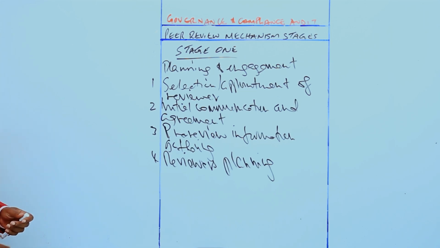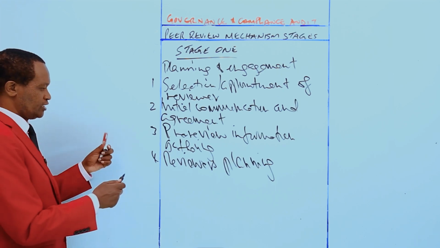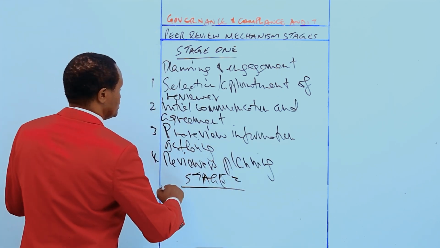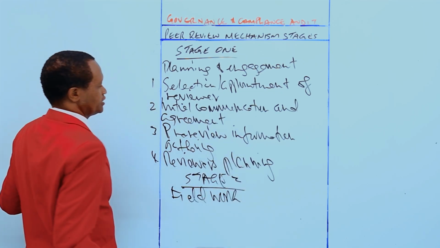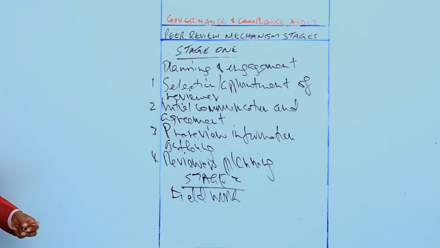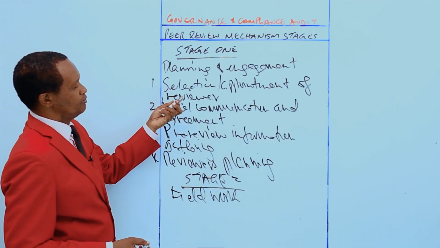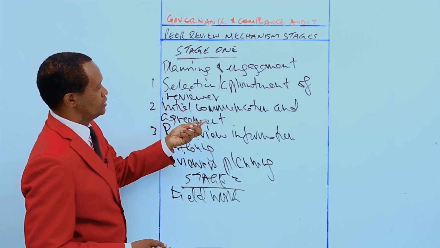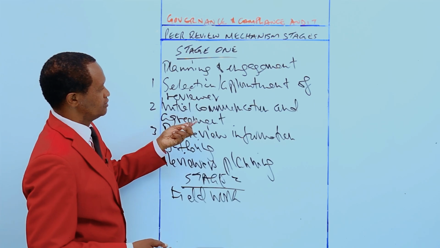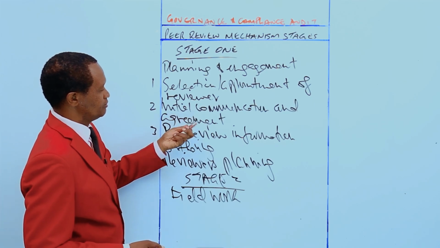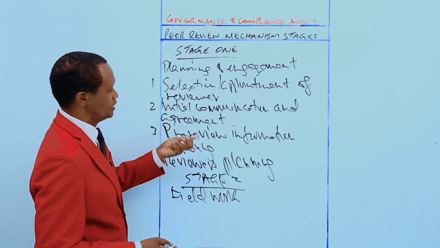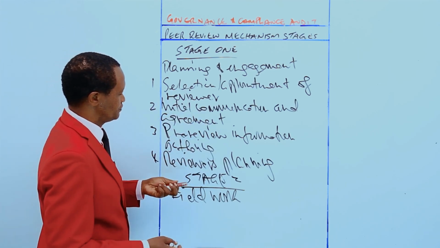Then stage number 2, we have what we call fieldwork. That's the second stage. Because after being engaged and there is an engagement agreement, the reviewer gathers information from the firm that is being reviewed.